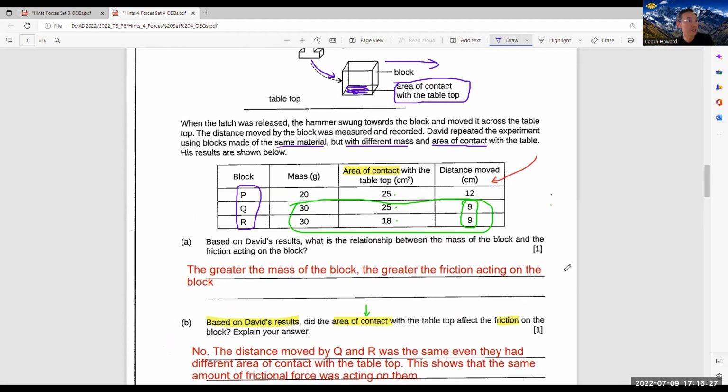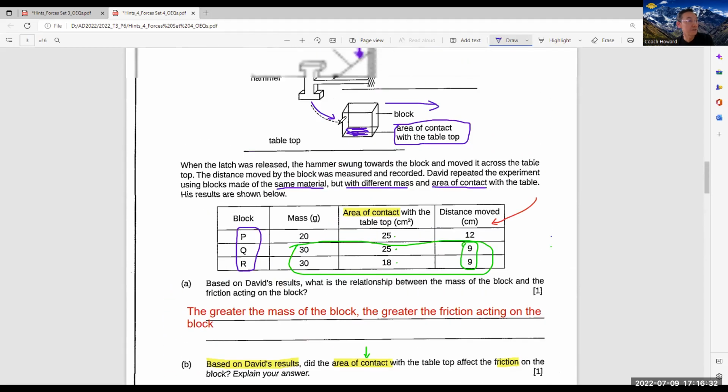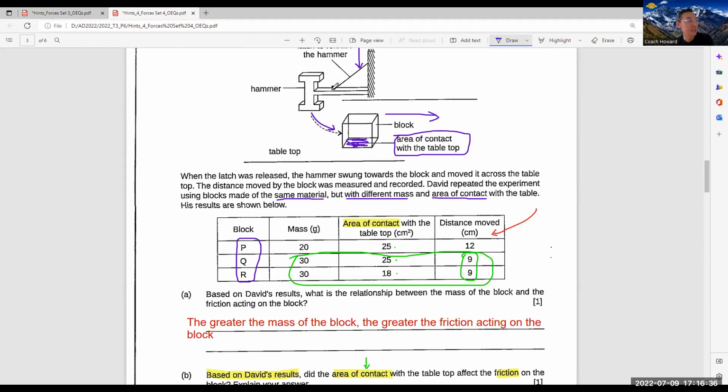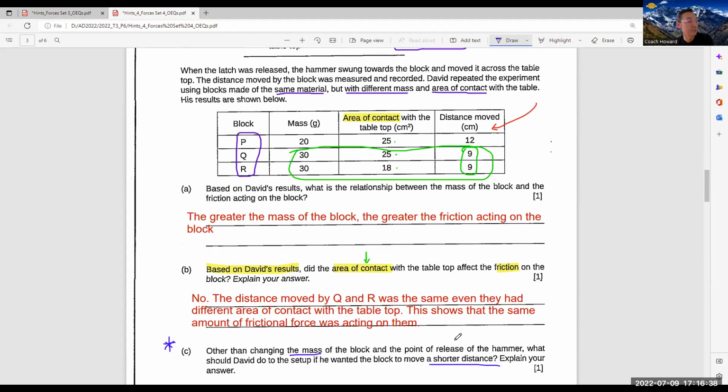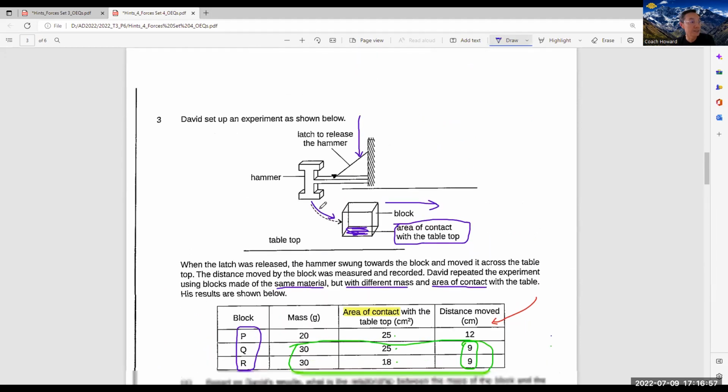So you must see now, I cannot change the mass of the block. I also cannot change the point of release of the hammer. But I want this block to move shorter. So that means I must increase the frictional force between the tabletop and the block, correct? So that it will move a shorter distance, because I cannot change this part.